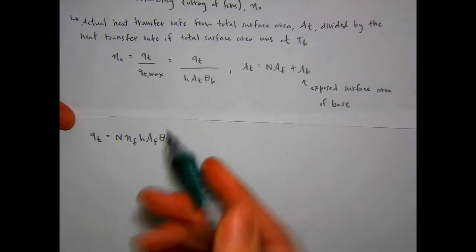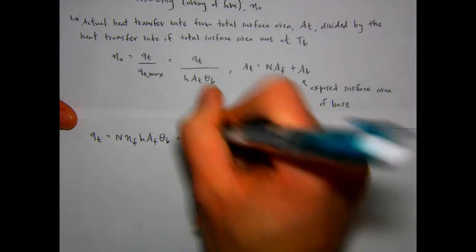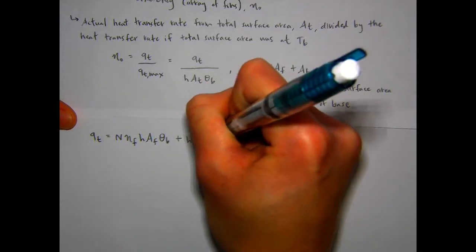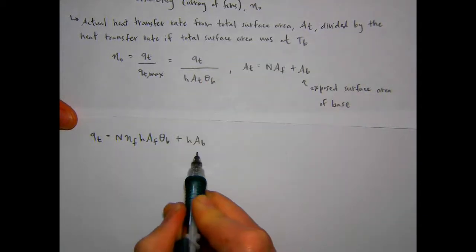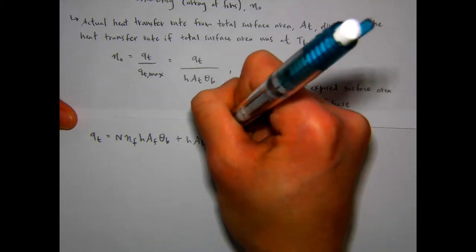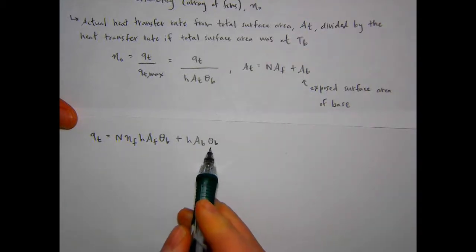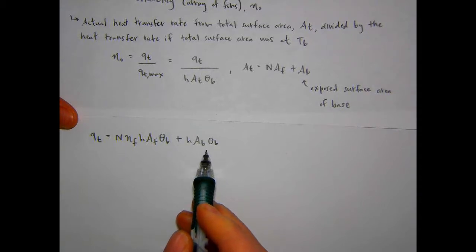Okay, so that's the heat transfer rate from all of the fins, and then we have to add in the heat transfer rate from the base. So the convection coefficient times the exposed area of the base times theta sub B. So remember, the temperature of the base is always going to be T sub B. That's how it's defined.